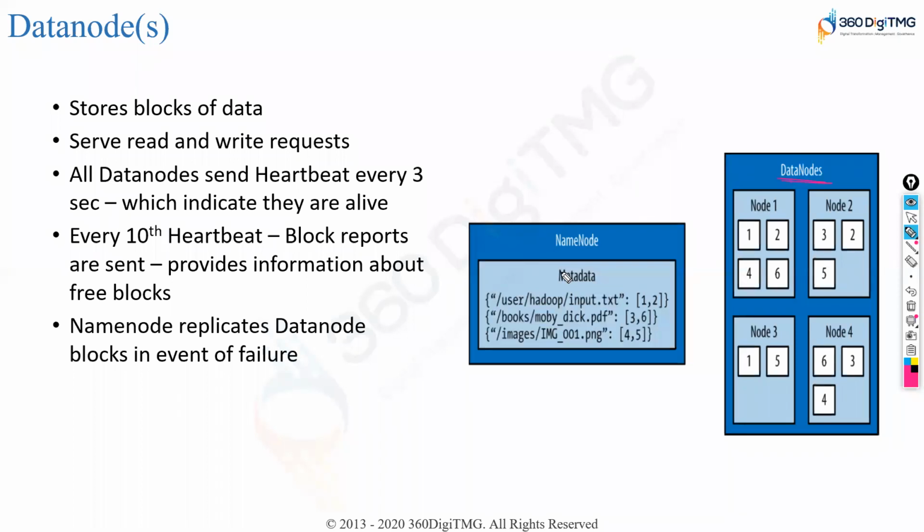Now, the data nodes also have additional tasks that they do. The task is about informing the name node, the manager, the master, about their functionality, their, I should say, availability.